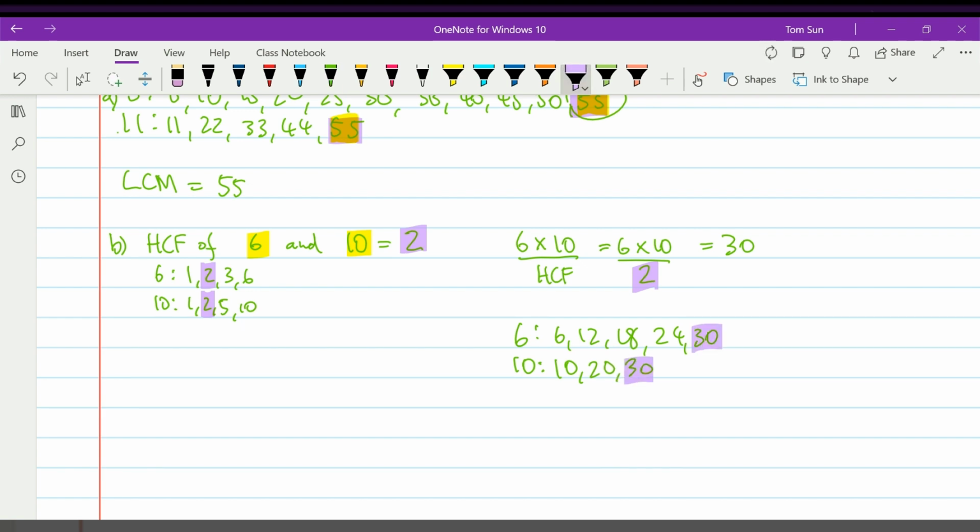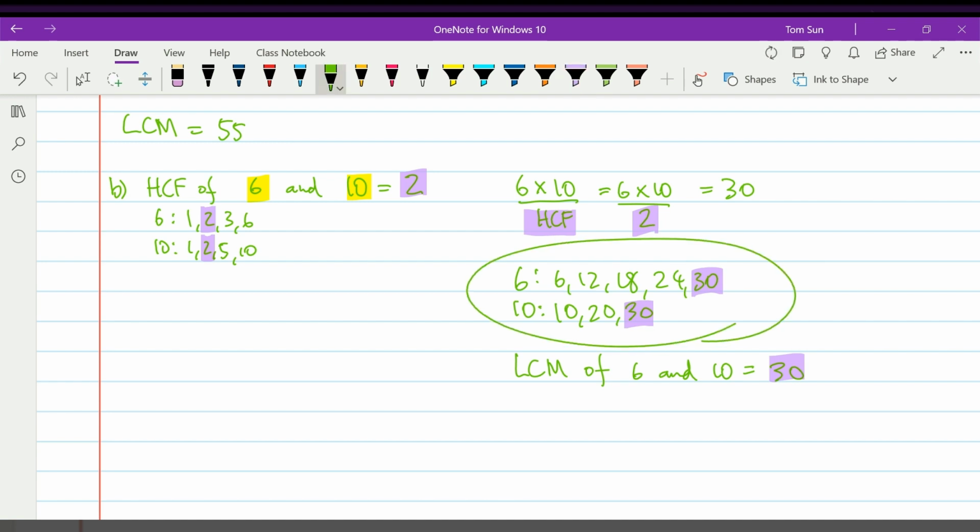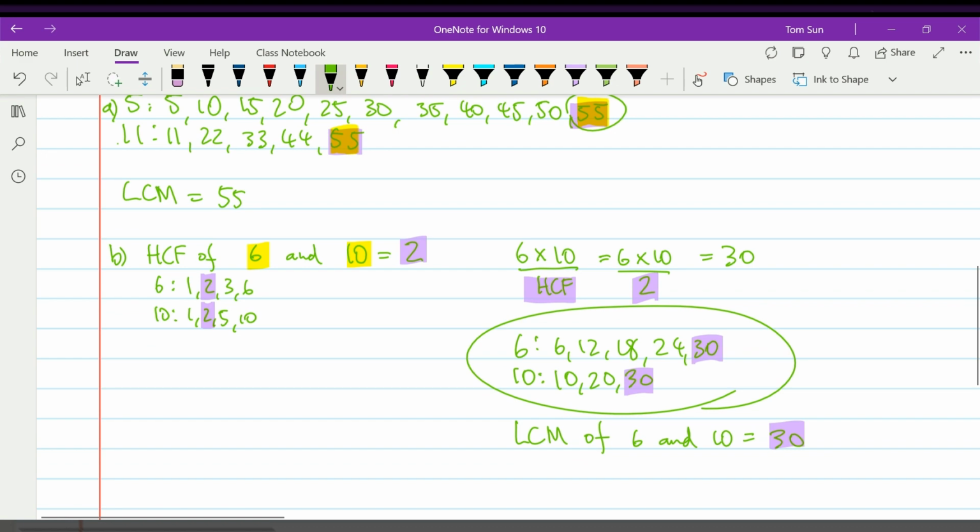The lowest common multiple of 6 and 10 is equal to 30. We've just proven that you can find it this way by using the highest common factor. Multiplying the two numbers and dividing by the highest common factor will get you the lowest common multiple. And I've just proven it using the manual way, which you can still use if you want to do that.